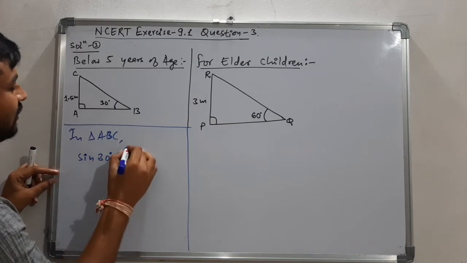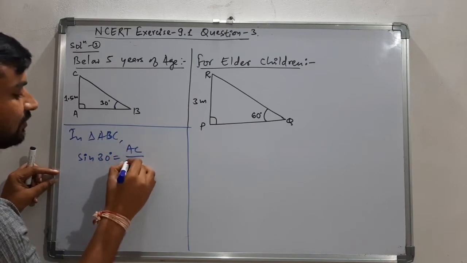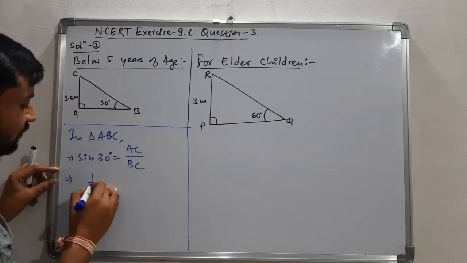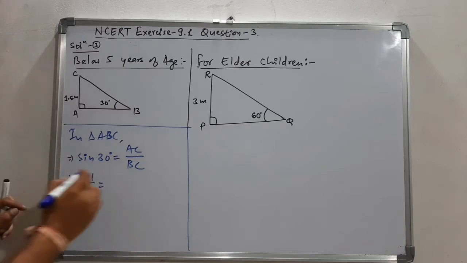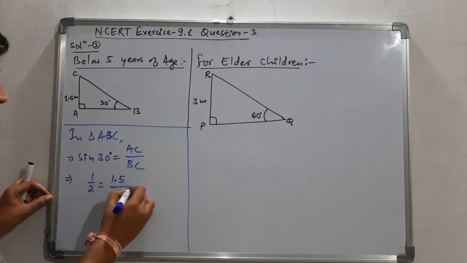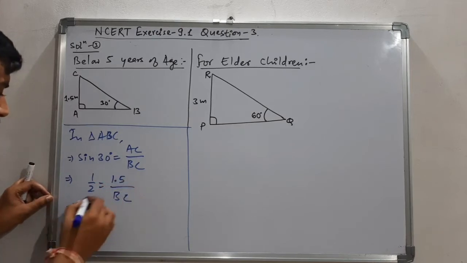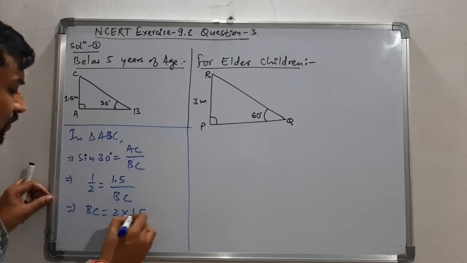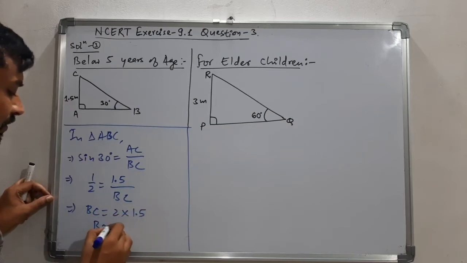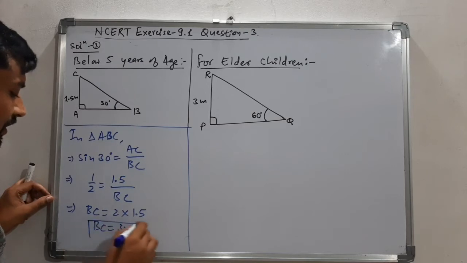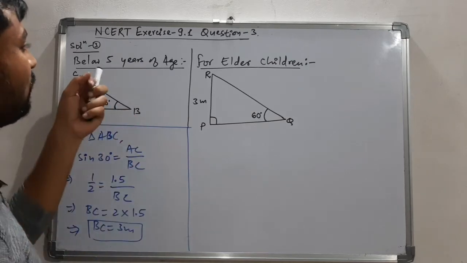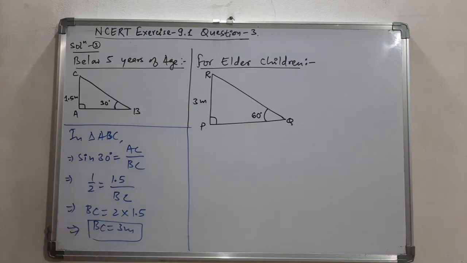Sine 30 is perpendicular, that is AC, upon hypotenuse, BC. Now the value of sine 30 here is 1 by 2 and AC is 1.5 meter, and BC we want to calculate. So from here if we cross multiply, we are getting BC is equal to 2 into 1.5, that is 3 meters. So here the length of this small slide for below 5 years of age children is 3 meters.